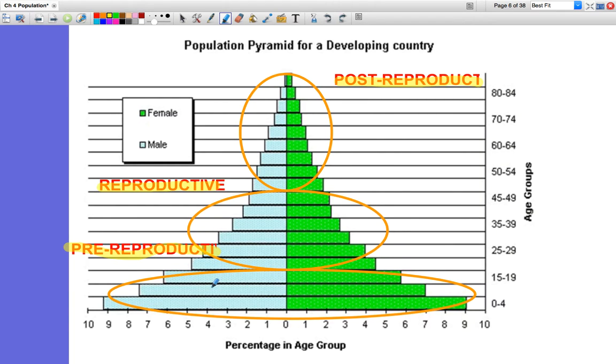We've got a large portion of our population in the pre-reproductive stage ages, about an average amount in our reproductive stage, and then very little as we get into our older years in a developing country.